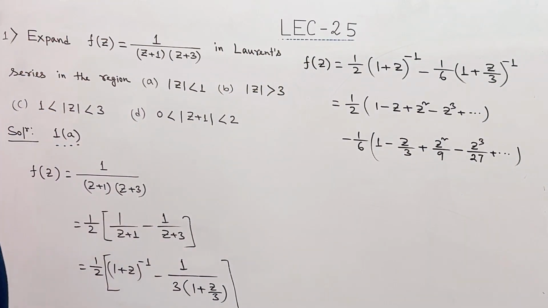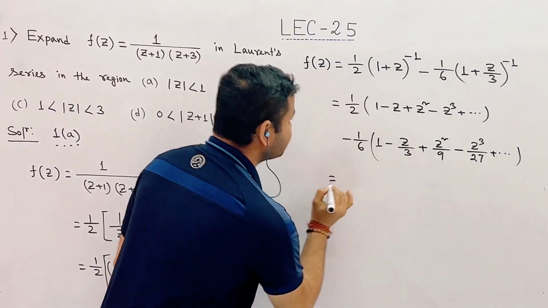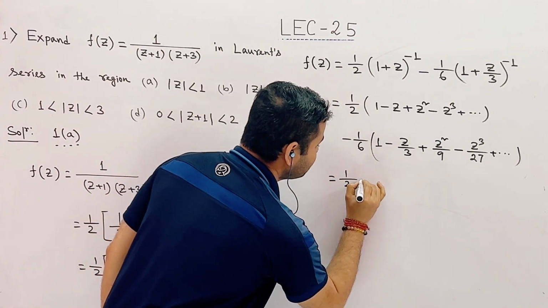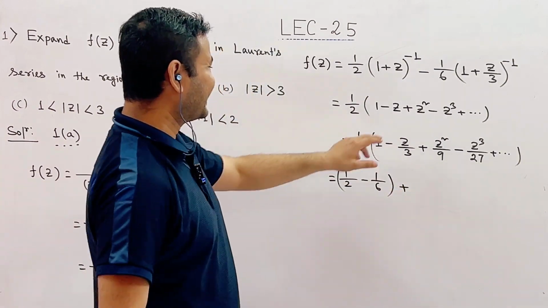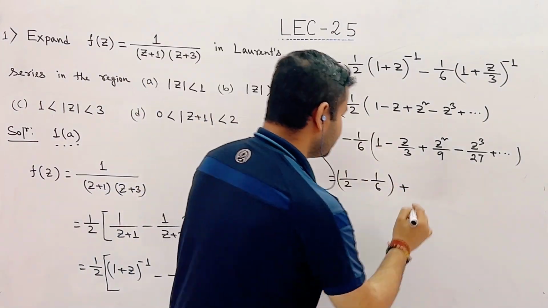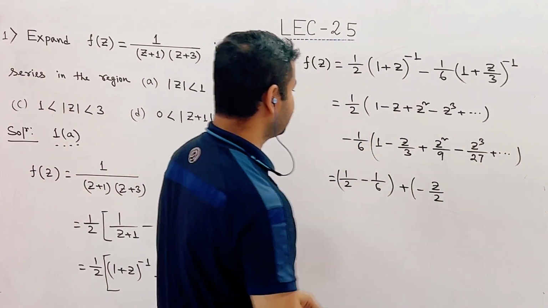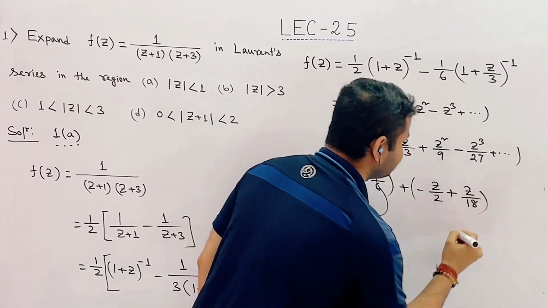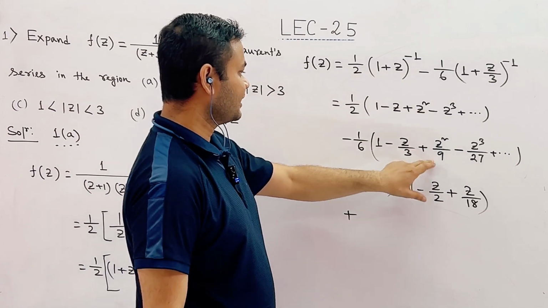Now, let us add same power terms. So, first let us add this one and this one. So, 1 by 2 minus 1 by 6, plus again let us add this one and this one. So, minus z by 2 plus z by 18, plus let us add this one and this one.